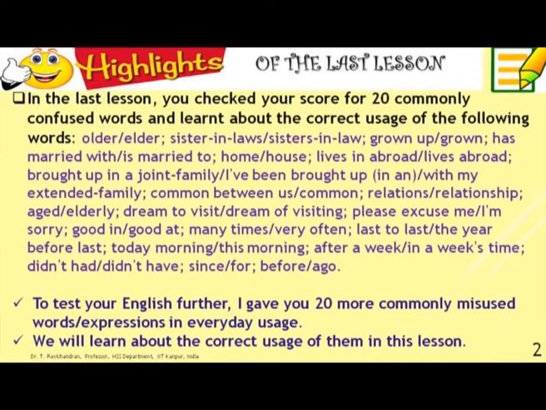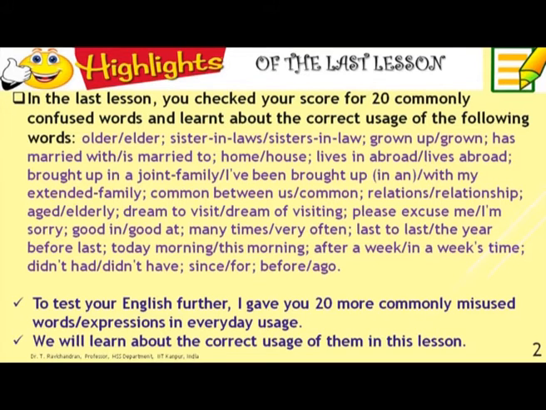Dream to visit, dream of visiting, because dream of is a fixed phrase. Please excuse me only when you have to interfere somebody in the work, otherwise normally minor slips and errors it is I am sorry. Good in, good at, depending on the context you need to use them.